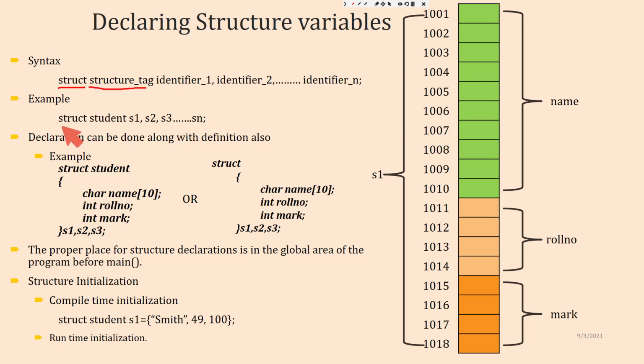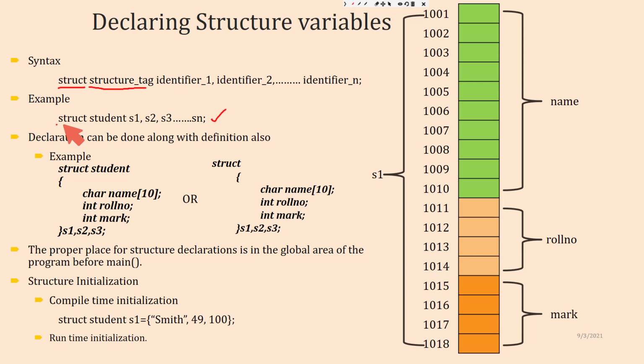So you just think I have executed this statement. Declaration means allotting some space. We all know int a means to store a, it will allocate some space, and that space will have some address, and also that space has a name, that is a. Similarly, a structure is also a user-defined data type.